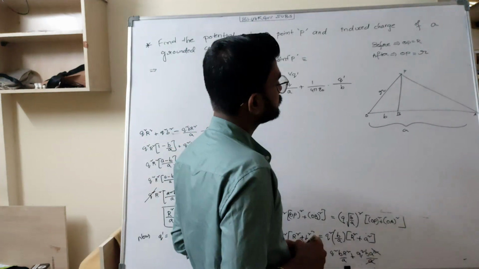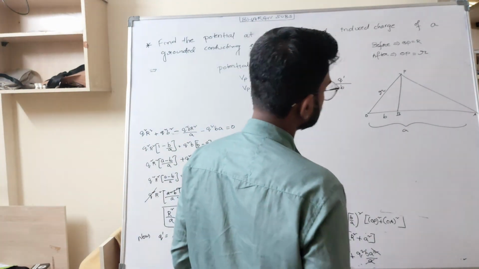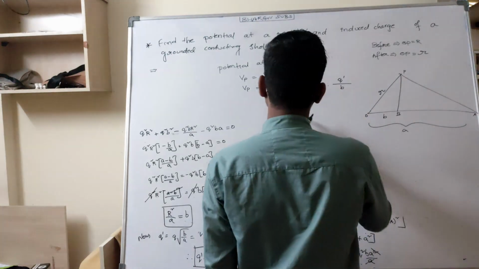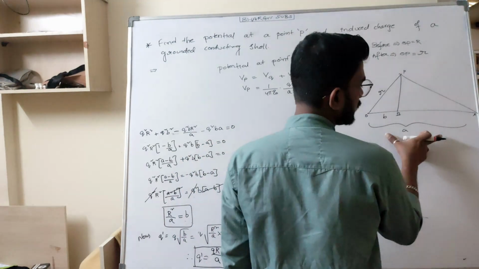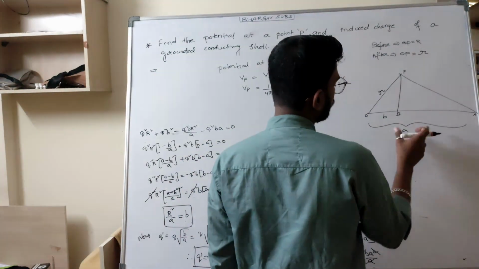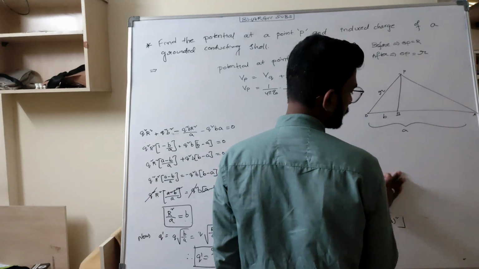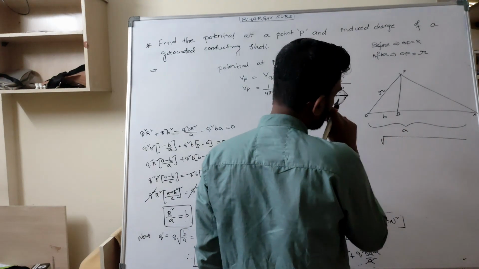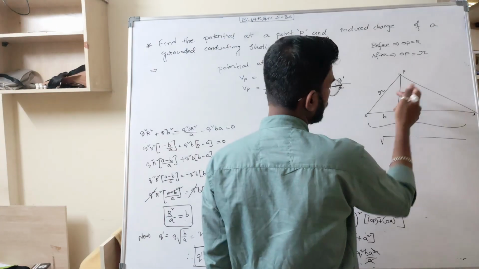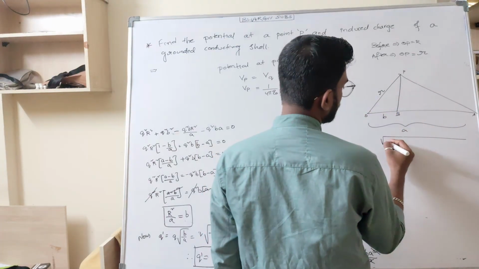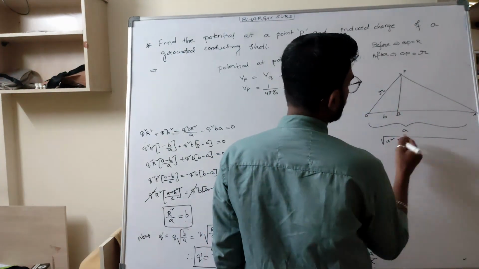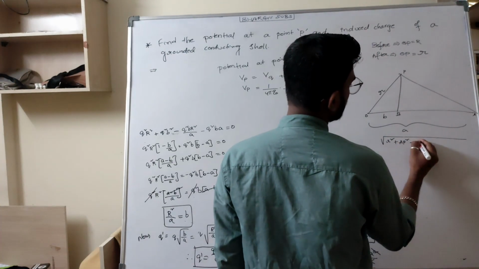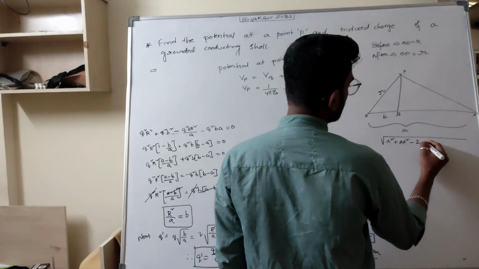Again, if you want to find small a, applying the cosine rule, root over, except this side you have to add the remaining two sides, like OP r square plus AP square minus 2 r.